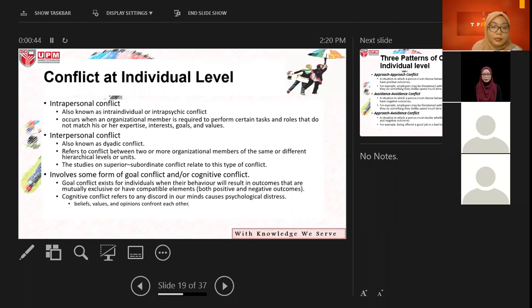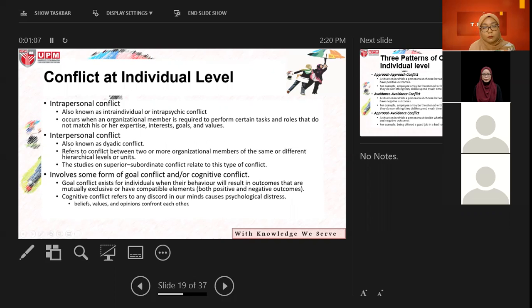The studies on superior subordinate conflict relate to this type of conflict. Another example is the superior subordinate conflict, which is the conflict at different hierarchical level between you and your supervisor, for example. And then it involves some form of goal conflict and cognitive conflict.